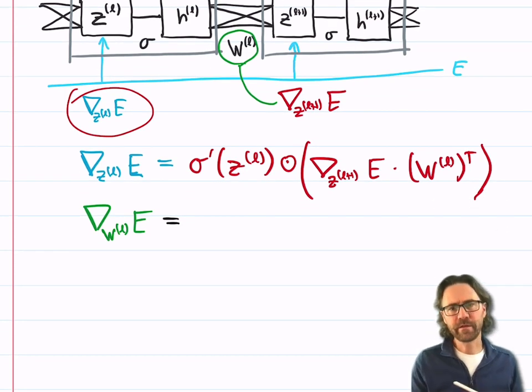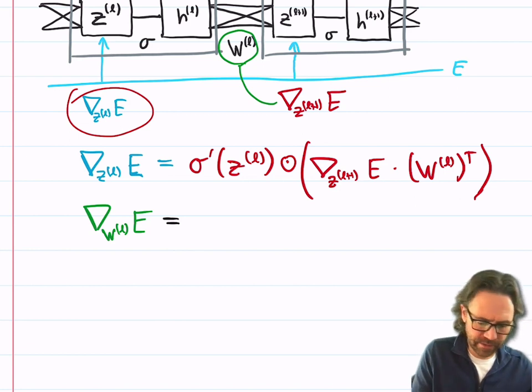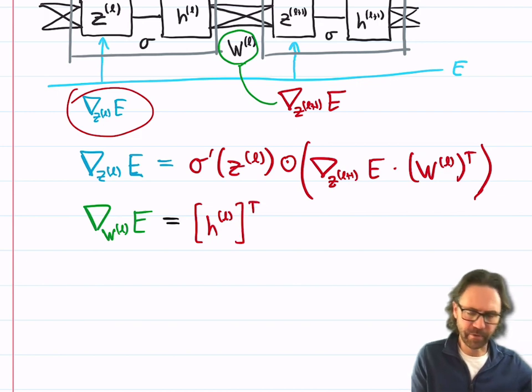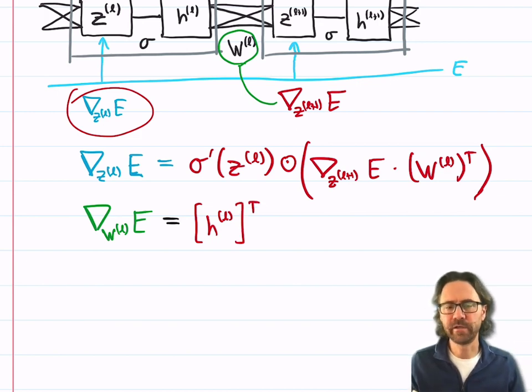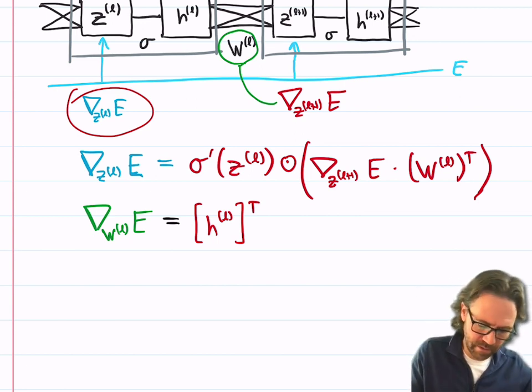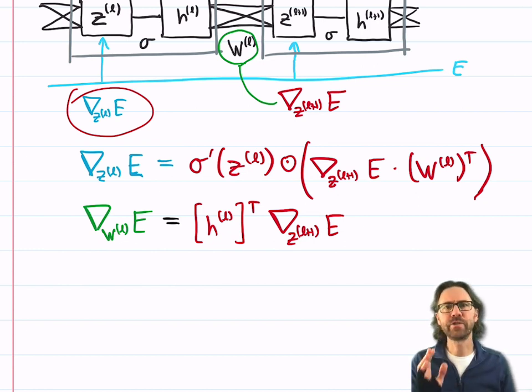And now using the gradient above to compute the derivative with respect to the weights is done using the transpose. Remember, h is by default a row vector in this offering. So we want to turn that row vector into a column times the gradient from above as a row vector. Those are the two basic equations for backprop.